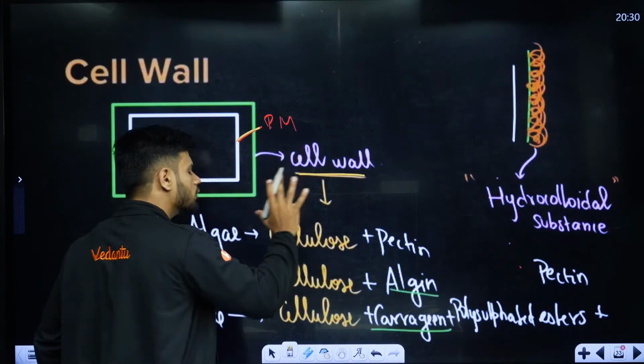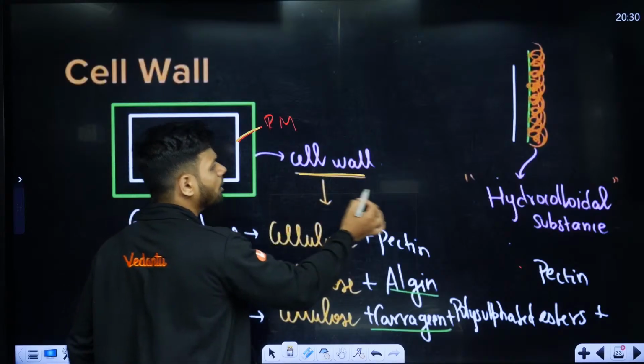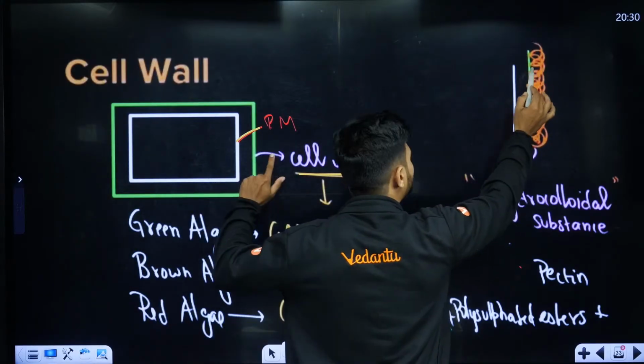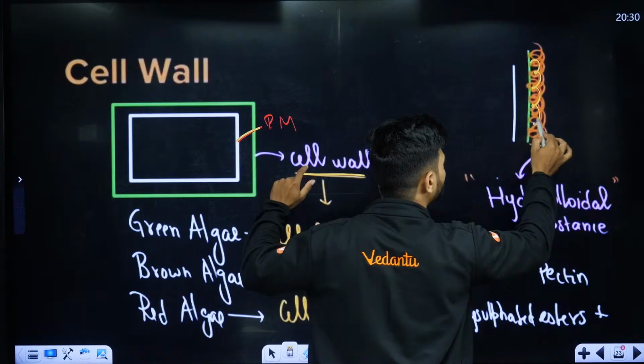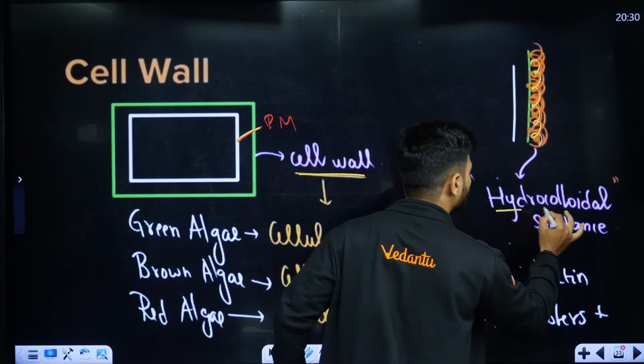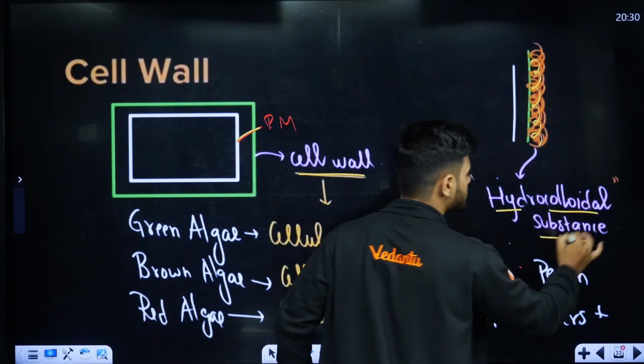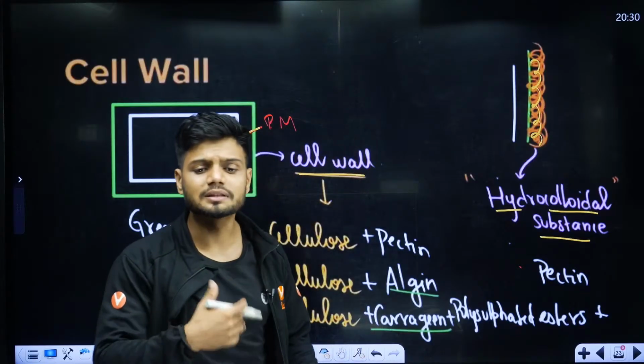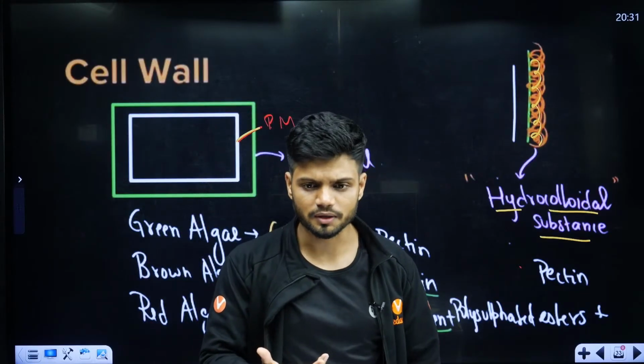Now, I want all of you to understand, इस cell wall के बाहर की तरफ, there is something called as hydrocolloidal substance. Now, इसका मतलब क्या है, students? Okay.